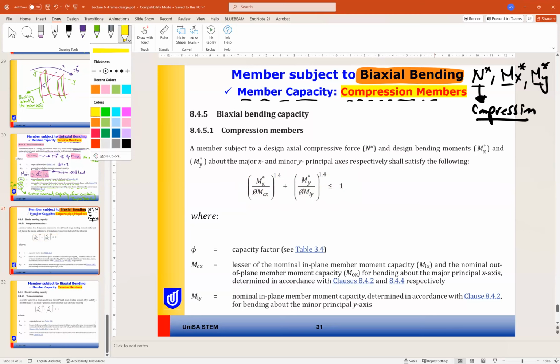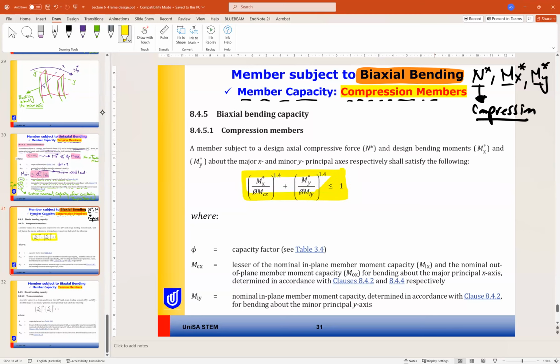So the formula is MX asterisk over phi MCX plus MY asterisk over phi MIY, to the power 1.4, both should be less than 1. Phi is 0.9.